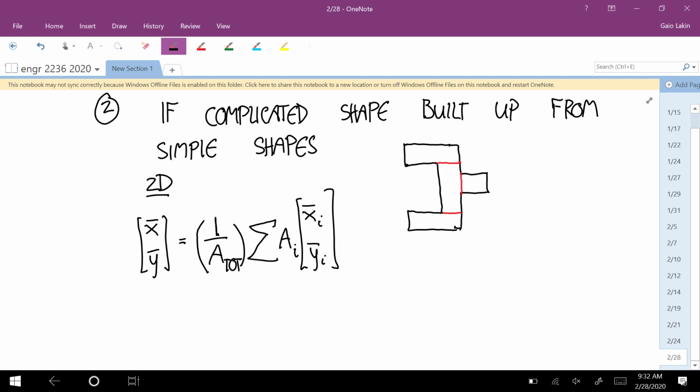What are the lines above? Centroid. So what that says is, in whatever coordinate system you're in, if you want to calculate the centroid of this thing, you find in that coordinate system the centroid of each of these 4 individual pieces and figure out the area of each of those 4 individual pieces. And then 1 over the sum of the areas times the sum of each piece's area times its centroid. It's sort of like a weighted average.